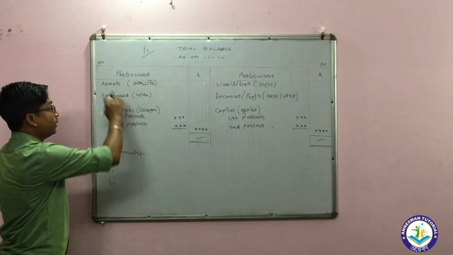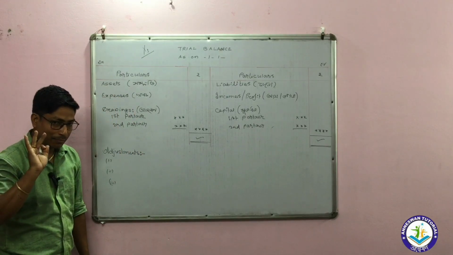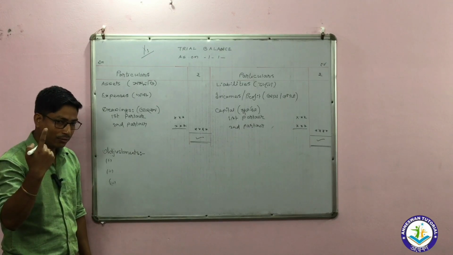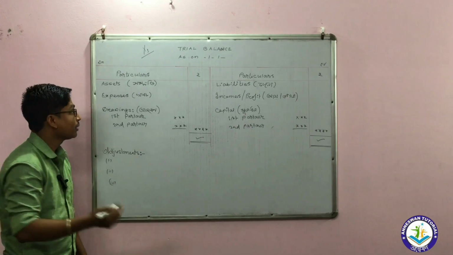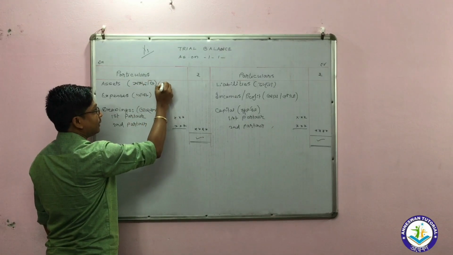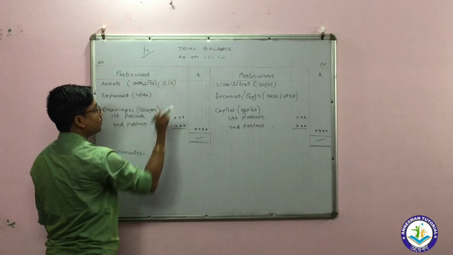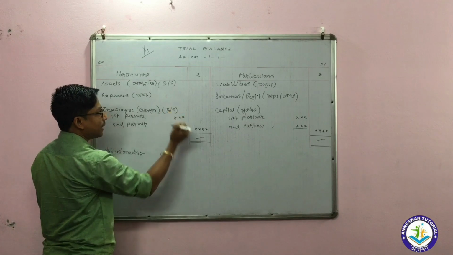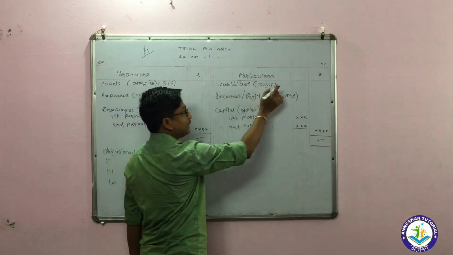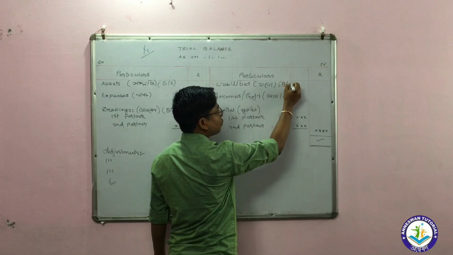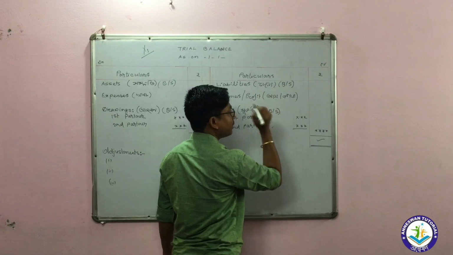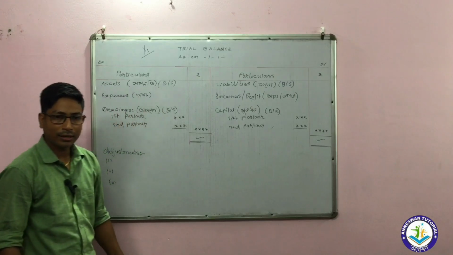See, we have three statements in our hand: profit and loss account, appropriation account, and balance sheet, right? Assets are items of the balance sheet. Drawings is an item of the balance sheet. Liabilities are also items of the balance sheet. Capital is also an item of the balance sheet. Clear?